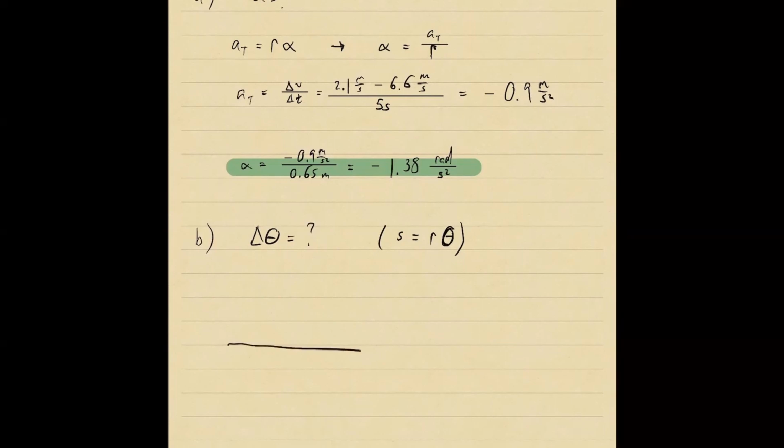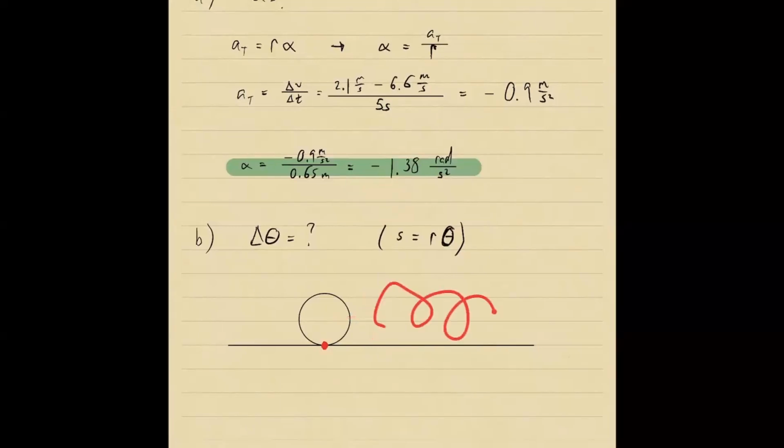I want you guys to think about the fact that if we were to take a tire, for example, and put paint all around the outside of the tire, and we were to roll it, right? So let's just take this point on a tire. Let's say that we push it forward, and it rolls until this point right here touches the ground again. So let's say that this point touches the ground again over here, right? Now at this point, the tire will have made one full revolution as it goes around.